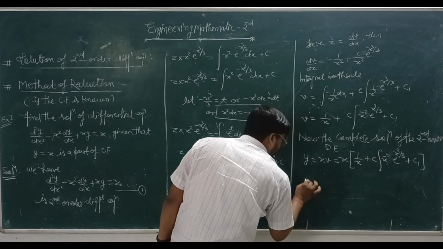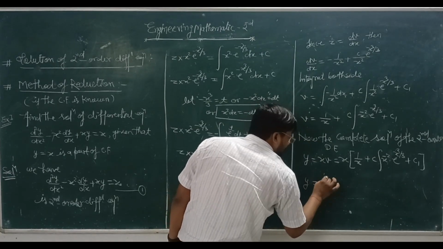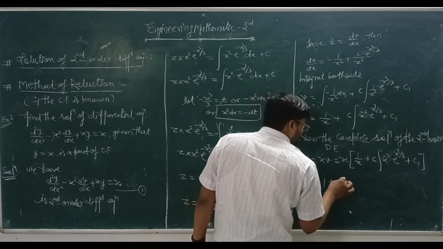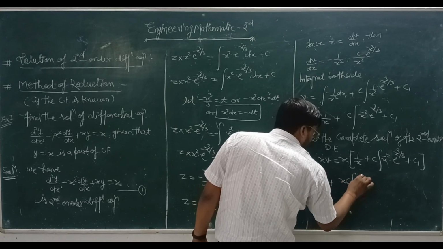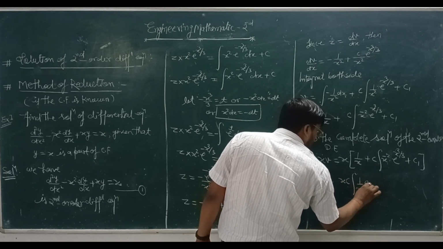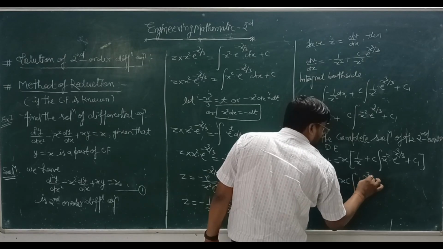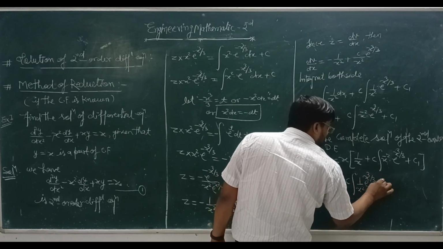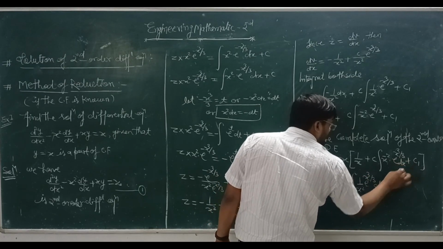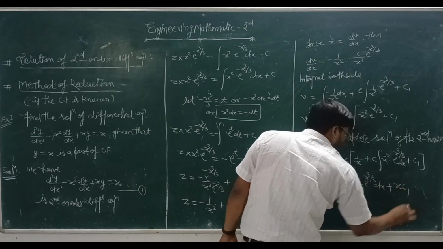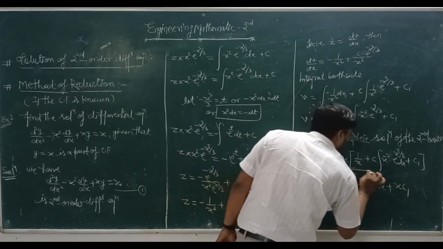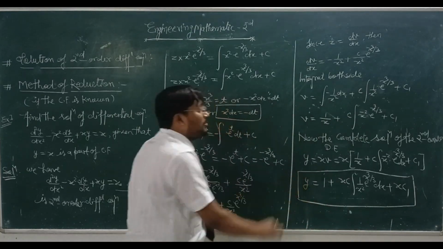Now y is equal to 1 plus x c integration of 1 upon x square e to the power x cubed upon 3 dx plus x c1. This is the complete solution of the differential equation.